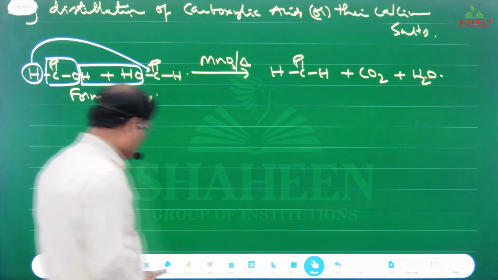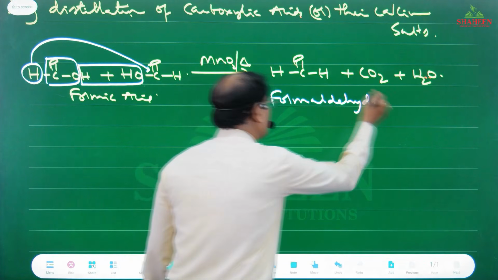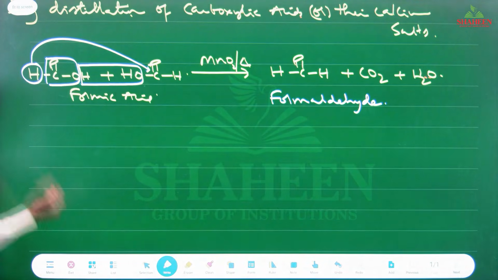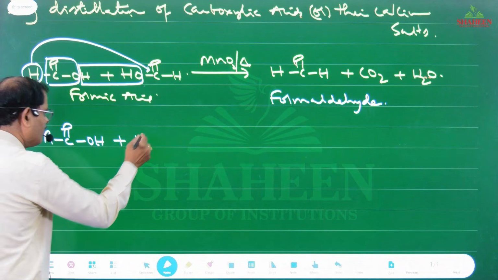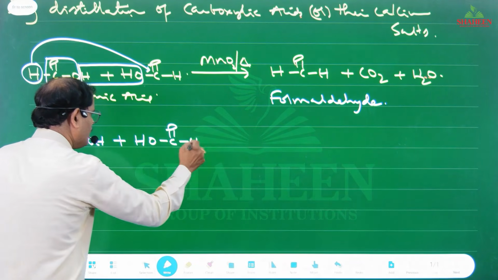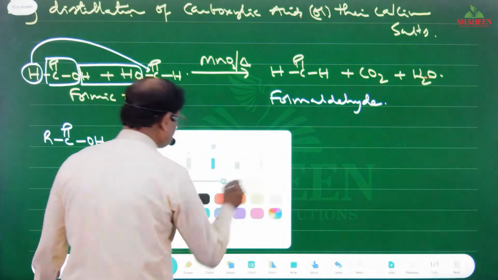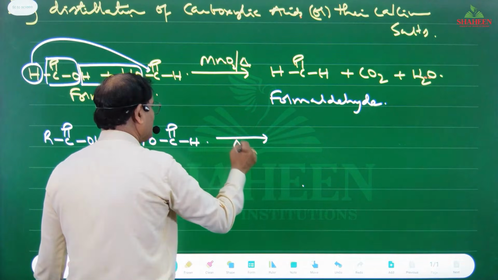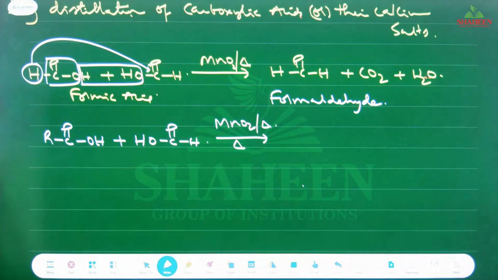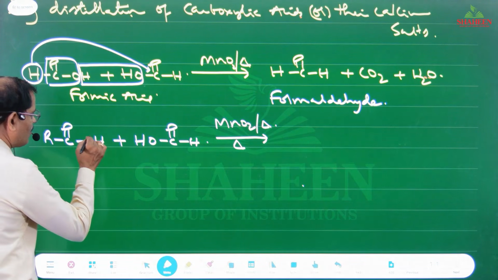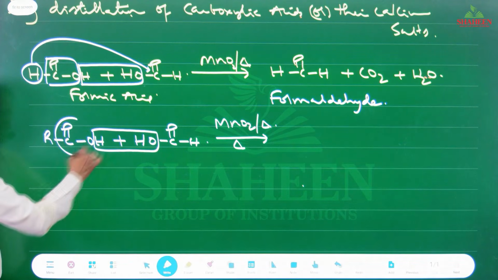Formic acid gives formaldehyde. And any other carboxylic acid with formic acid, on heating in the presence of manganese dioxide: from here water, and from here carbon dioxide.